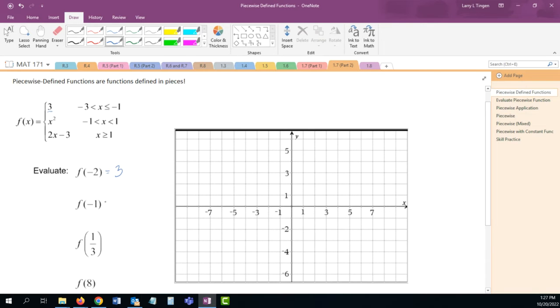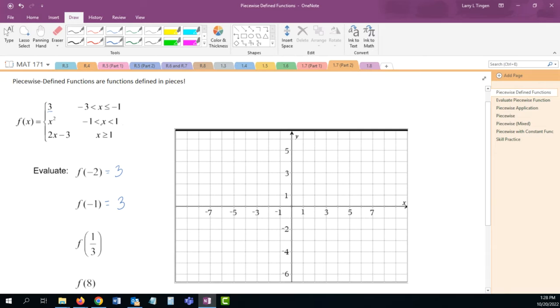So at -1, this is when it gets interesting, when we start looking at endpoints. When x is -1, I'm still paying attention to this first row, right? Because x is greater than or equal to -1. So when x is -1, I get 3. When x is 1/3, 1/3 is not in the first set, but it is here in the second, right?